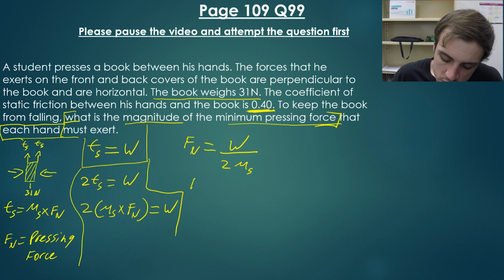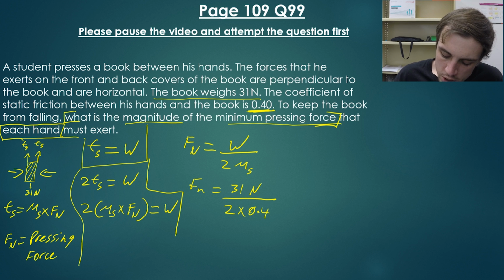The book weighed 31 newtons, divided by 2 times the coefficient, which is 0.4. So 2 times 0.4 is 0.8.